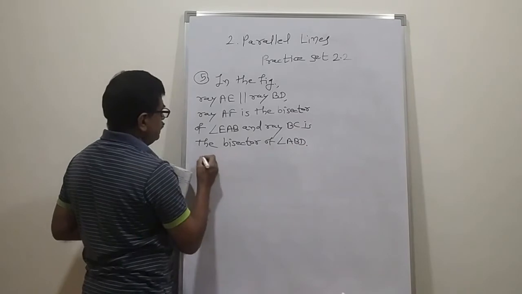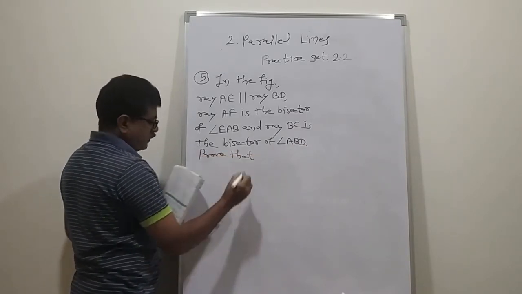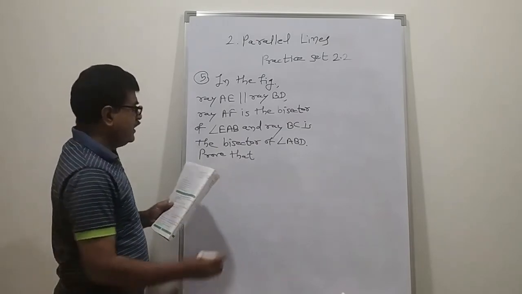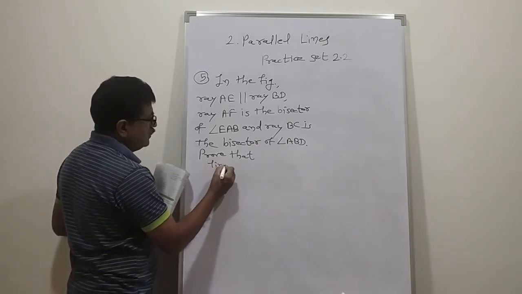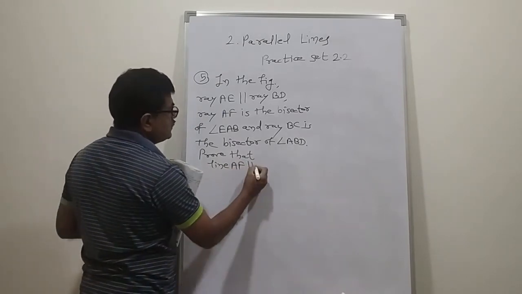Prove that line AF is parallel to line BC.